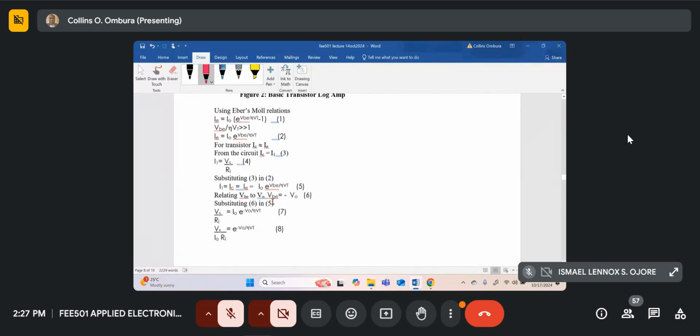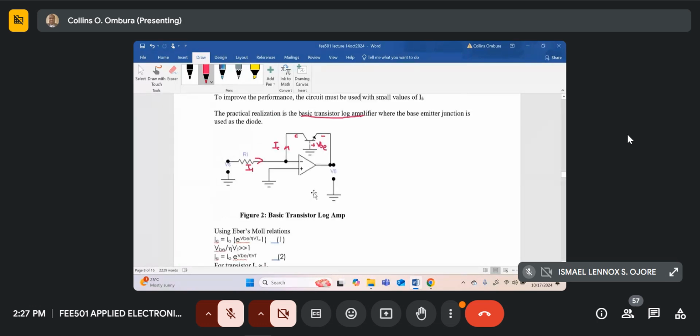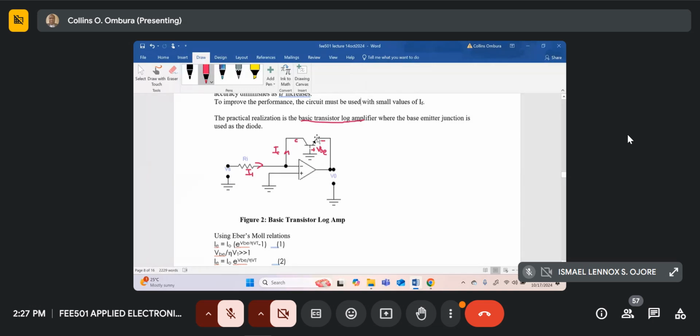So if you look at this circuit over here, the VB of the transistor, the base is positive. For an NPN transistor to conduct, the base must be positive with respect to the emitter. So the emitter is connected to V naught, the base is connected to the ground.